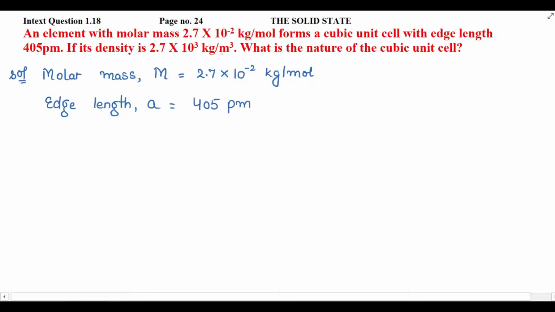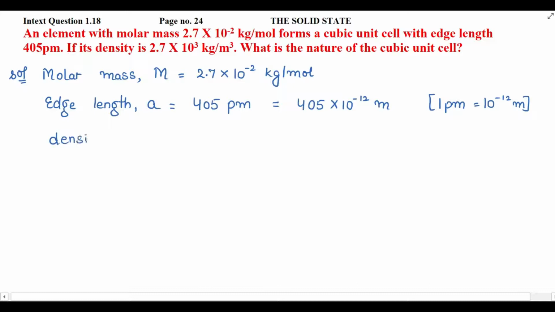Here density is given in meter cube, so I have to convert this value in meter also. We know that 1 picometer equals 10^-12 meter. So 405 × 10^-12 meter.